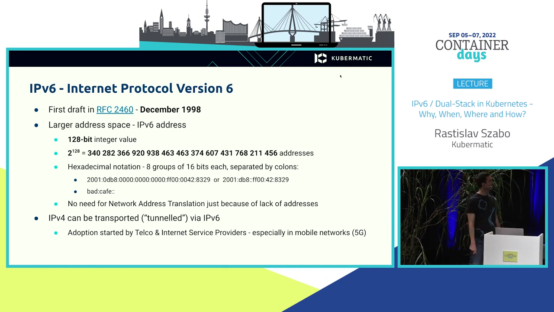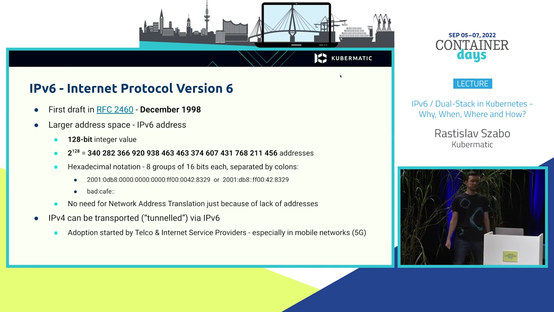The biggest benefit of it is that it uses a larger address space. So the IPv6 address is a 128-bit integer value. And 2 to the power of 128 gives us many IPv6 addresses. So every single device that would connect to the internet can actually have its own IPv6 address. And we don't even need to reuse them.